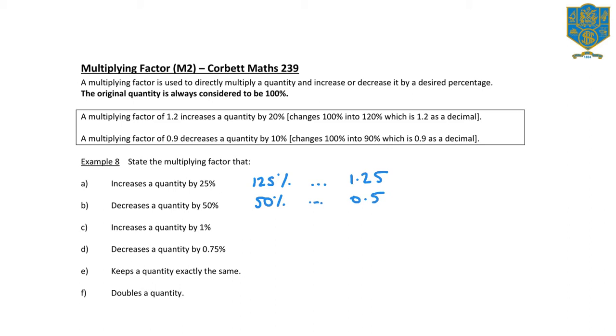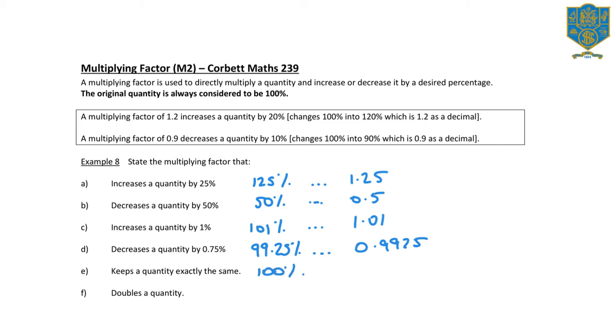Increasing by 1% is going to take our 100% to 101%, which as a decimal is 1.01. Decreasing by 0.75%, that's going to take your 100% to 99.25%, and as a multiplying factor, that's 0.9925.